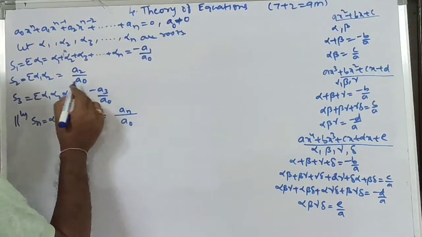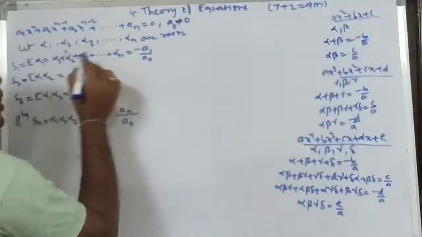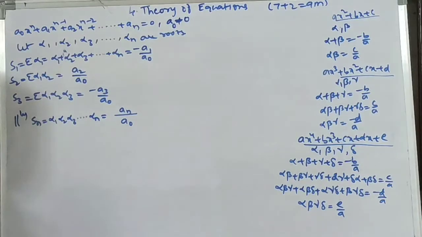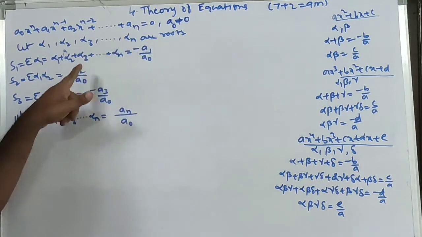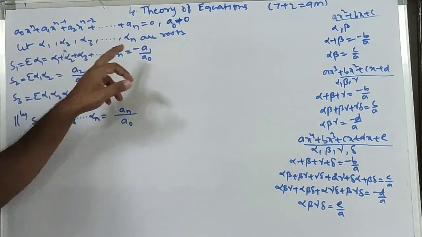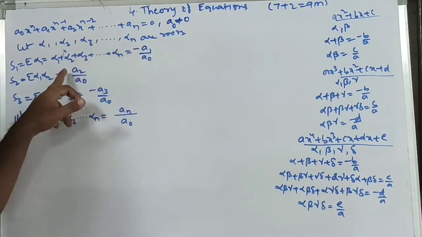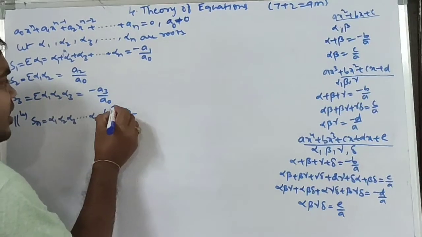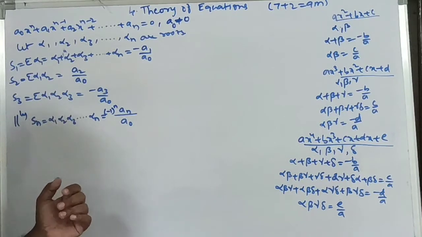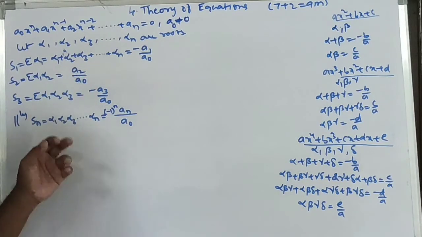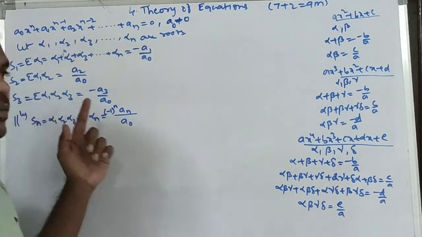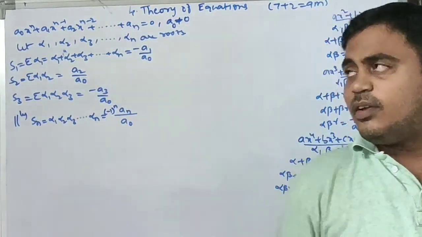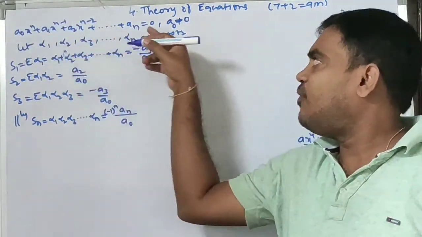Considering the sign, it is a1 minus, a2 plus, a3 minus, so simply (-1)^1, (-1)^2, (-1)^3, up to (-1)^n. So this is the relationship between roots and coefficients when the general form is given.